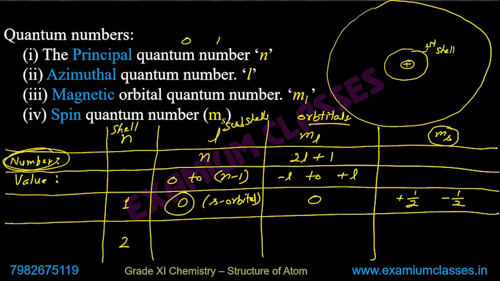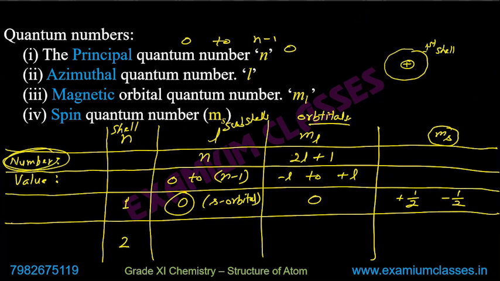Because the value will be from 0 to n minus 1: the first one will be 0, the second one, with n equal to 2, is 2 minus 1, that is 1. It will be 0 and 1. So there will be 2 subshells. You need to remember there will be 2 subshells, the same number as is assigned to the shell.